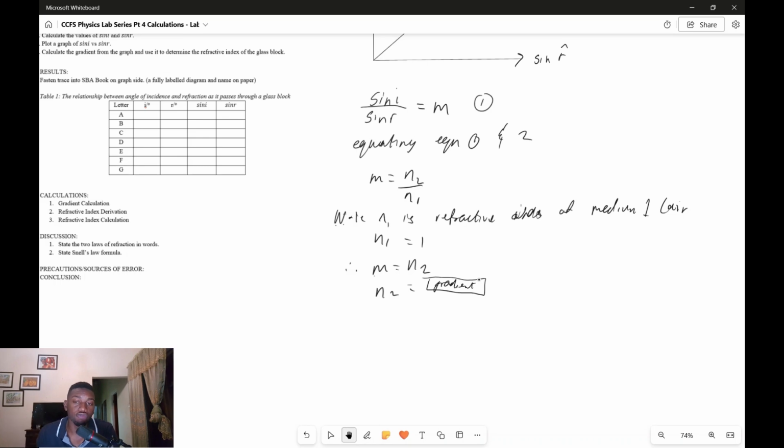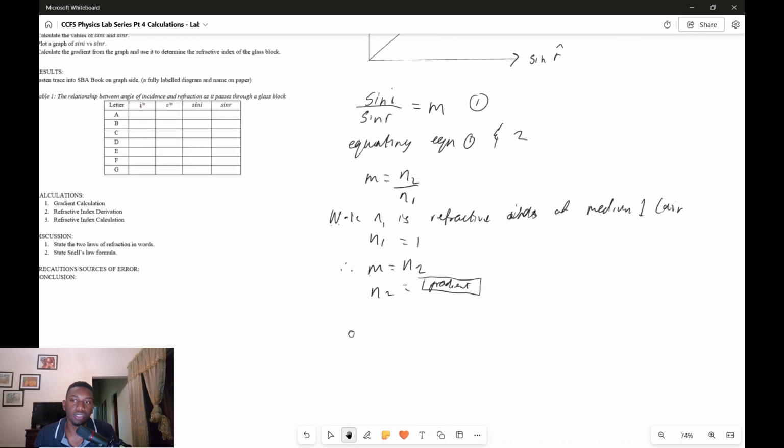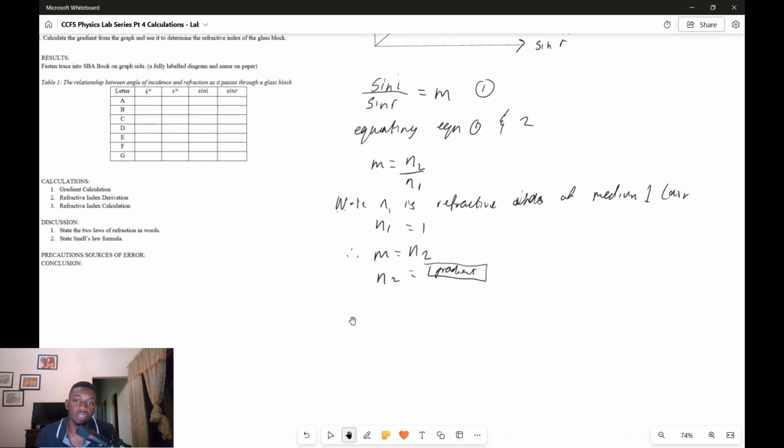So don't actually write gradient in that box, write in the number. So n2 is equal to that. n2 is the refractive index of medium 2, brackets glass. That's the derivation.